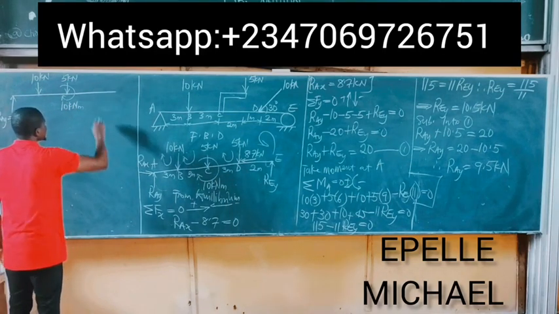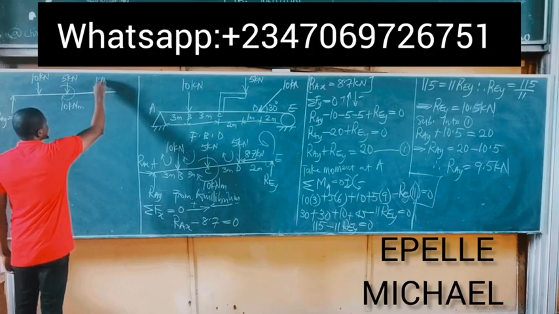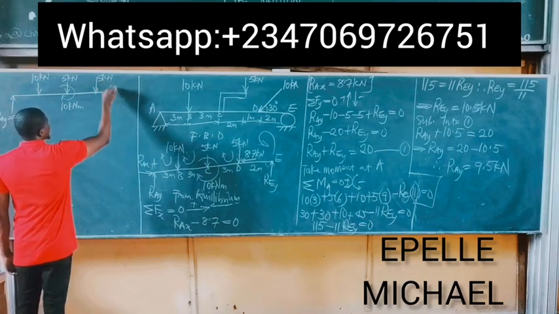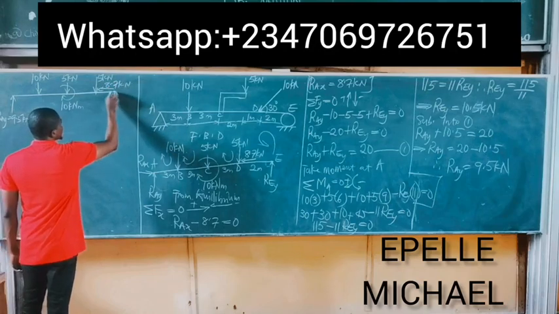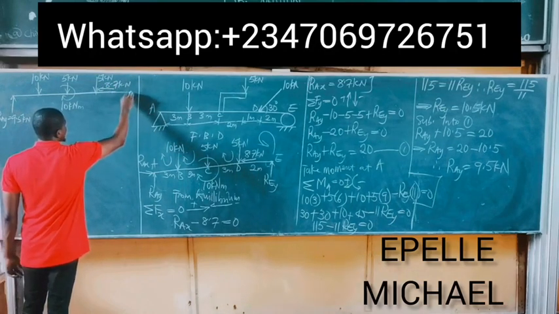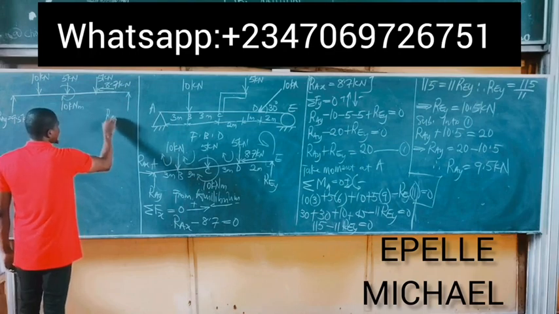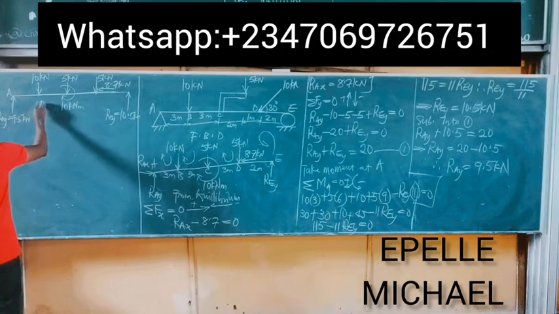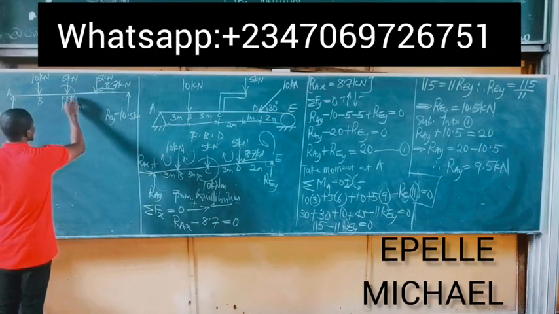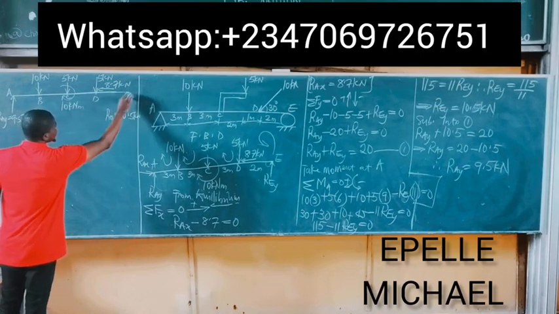At point D, we have two forces there. Vertically 5 kilonewtons, horizontally we have 8.7 kilonewtons, and then at point E, we have just one reaction, REY, which gave us 10.5 kilonewtons. Distances apart, this is A, B, C, this is D, and this is E.